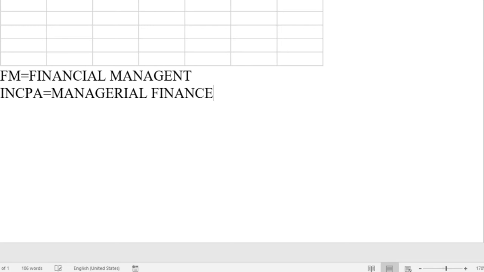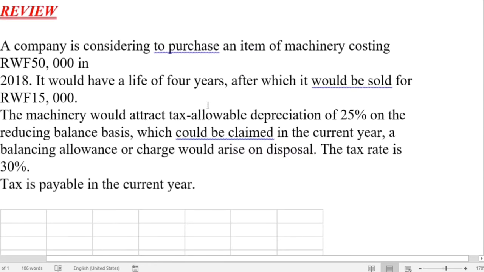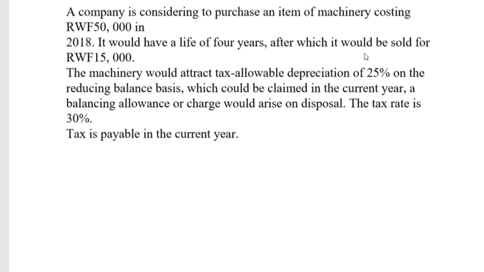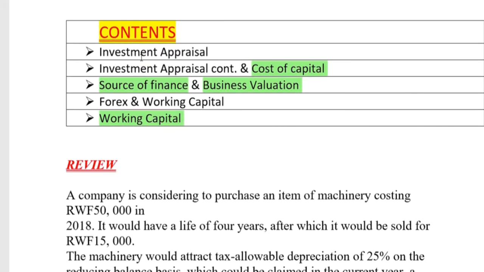Okay, what are the topics we'll discover under this course? First, we'll go through the content: investment appraisal plus cost of capital, business valuation, and the source of finance, forex.